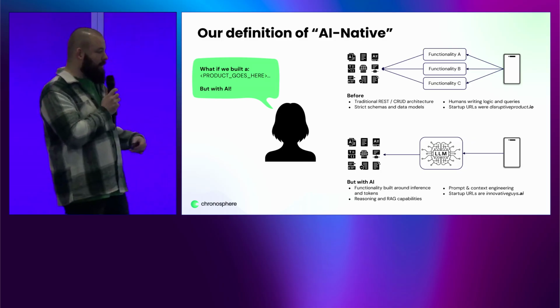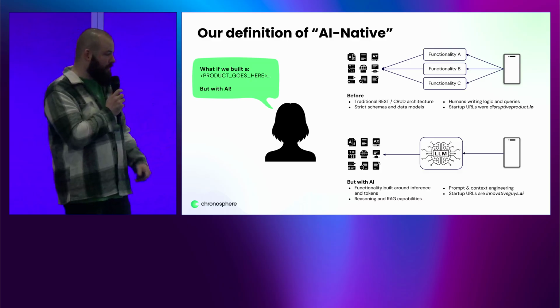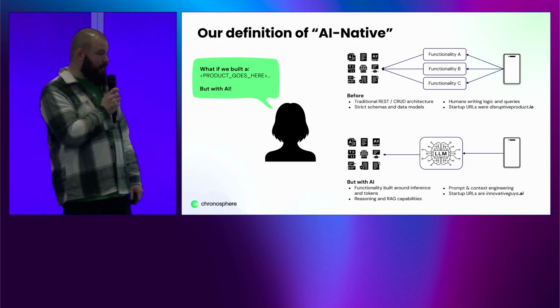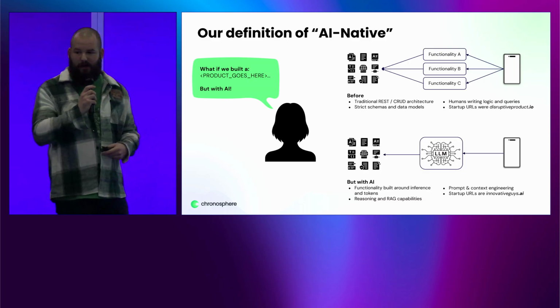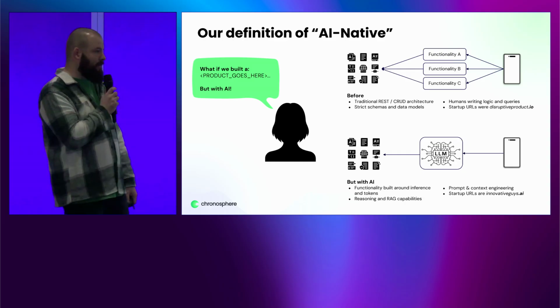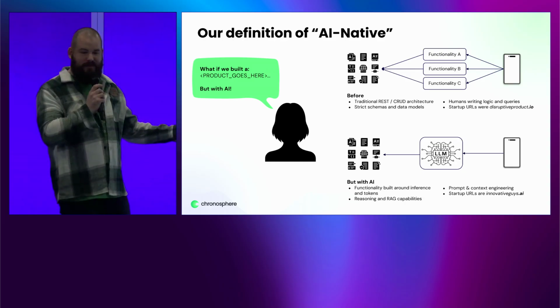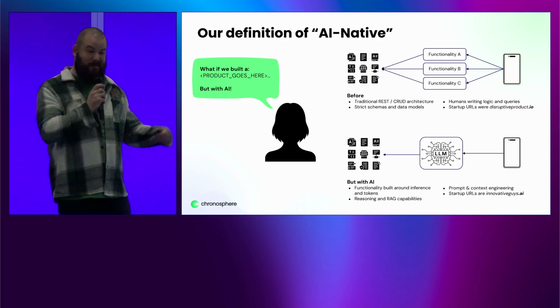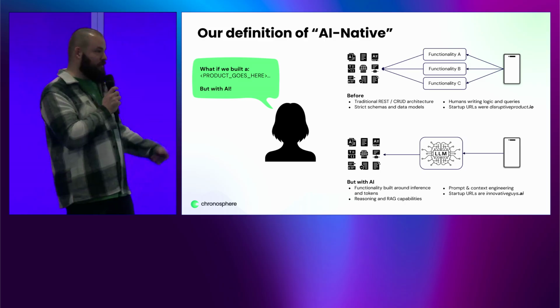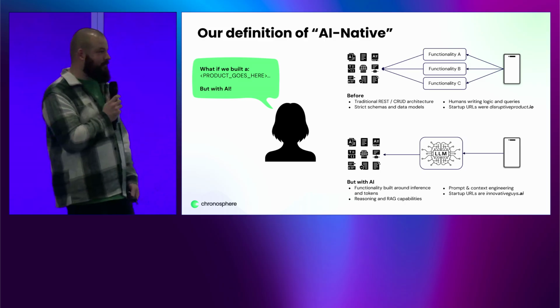So what we're seeing now is functionality built around inference and tokens, reasoning and RAG capabilities, and then really optimizing around your prompt and context engineering. And another thing you might notice, startup URLs are now maybe innovativeguys.ai instead of disruptiveproduct.io, right?